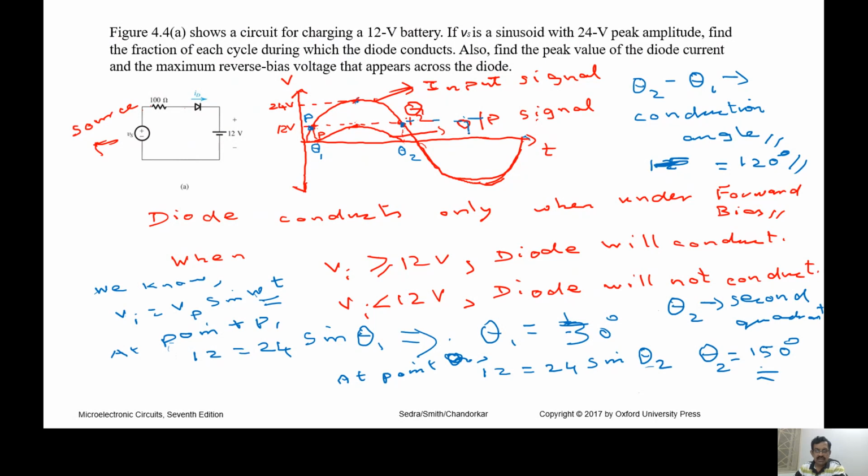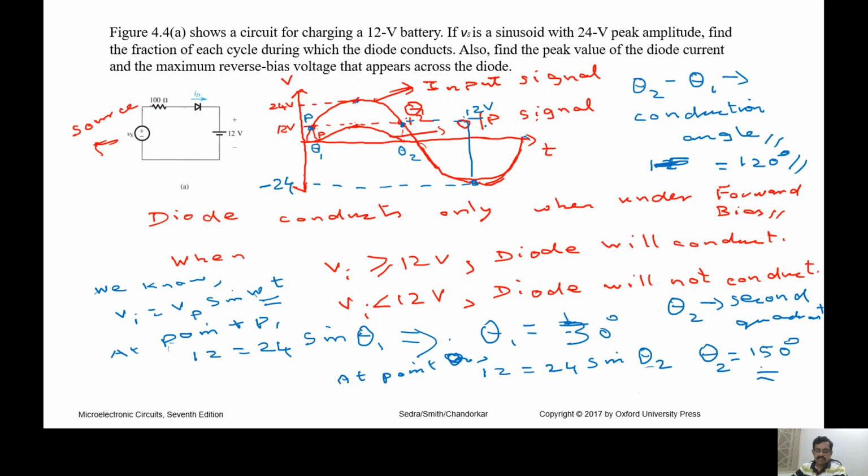We are asked to find the maximum reverse bias. So the maximum reverse bias is this, minus 24, and there is a 12 volt here.